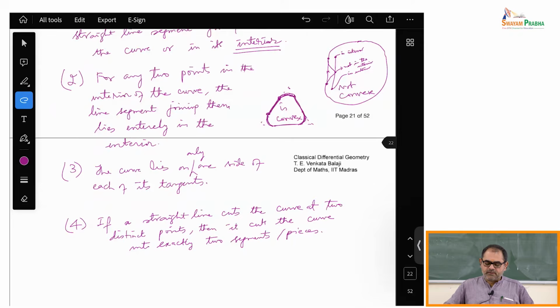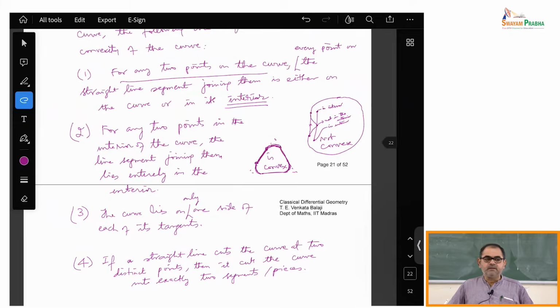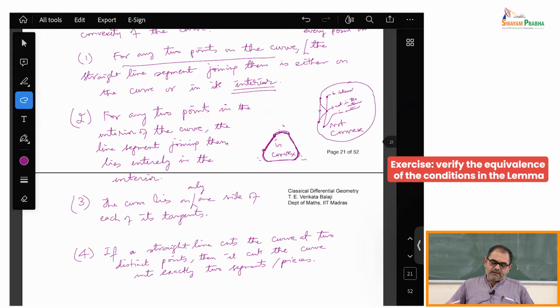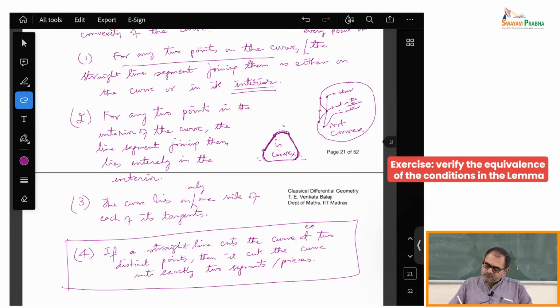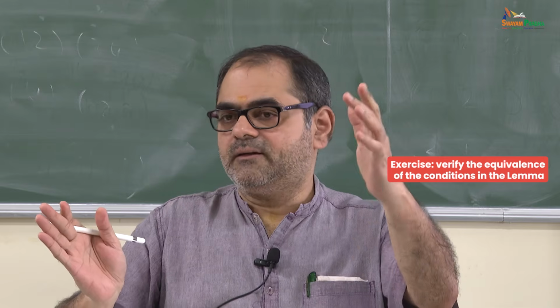So all these four are geometric ways of describing convexity, and you can check that they are all equivalent with some work. But the one that we want to use is this one, namely that if a straight line cuts the curve at exactly two distinct points, then it will break the curve down into two pieces.